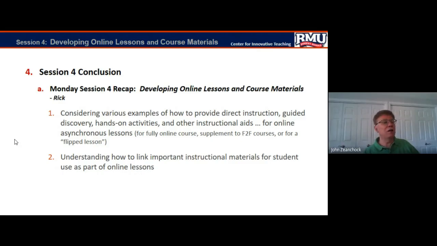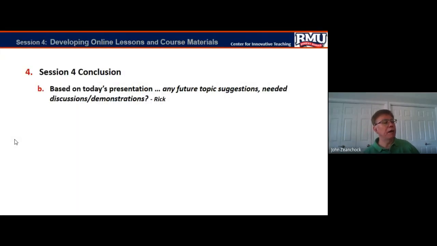We concentrated on online asynchronous, but a lot of these things can also be adapted for face-to-face. And as we mentioned before, also how to link important information, we tried to address here toward the end through hands-on. And so, Rick, I'll turn it back over to you and see if anybody has any suggestions for future topics based on our discussions today before we end.